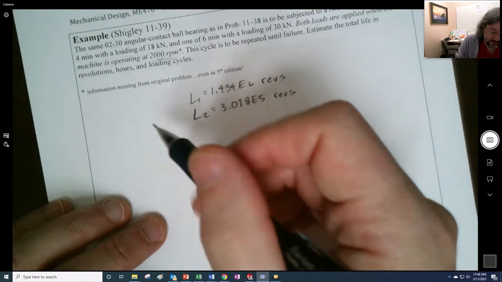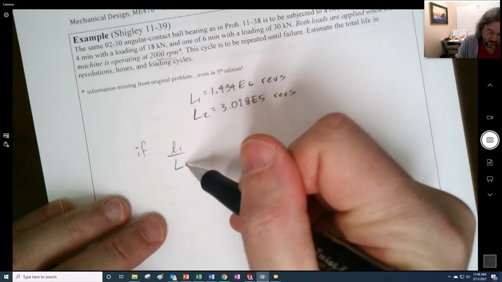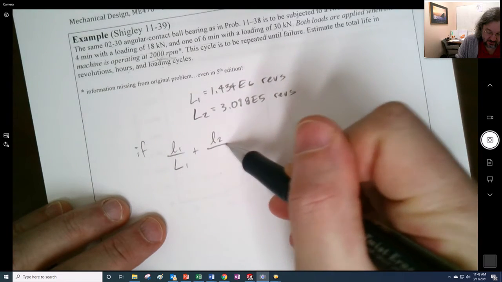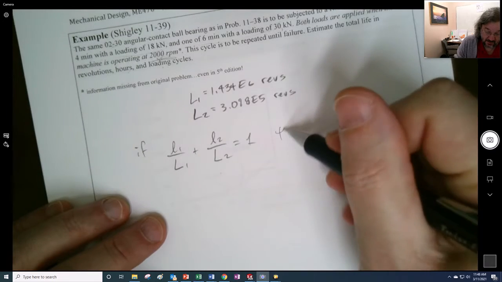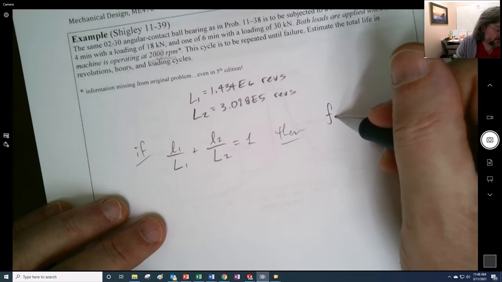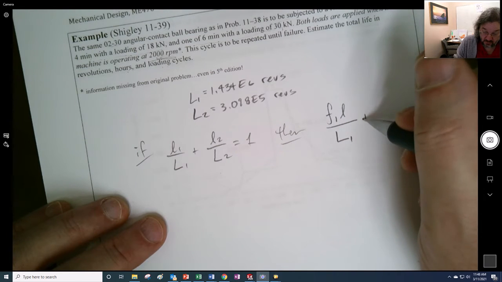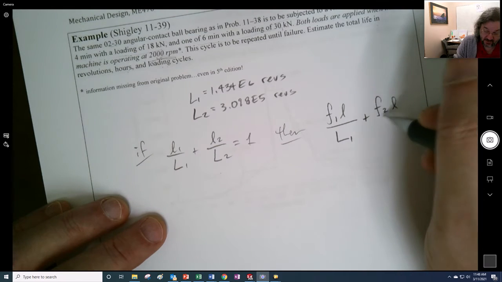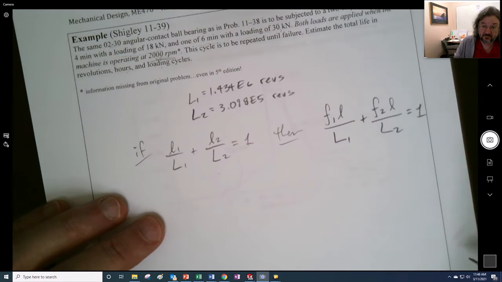And so the concept here is if little L1 over big L1 plus little L2 over big L2 is equal to 1, then damage fraction 1 times L plus damage fraction 2 times L is equal to 1, right?